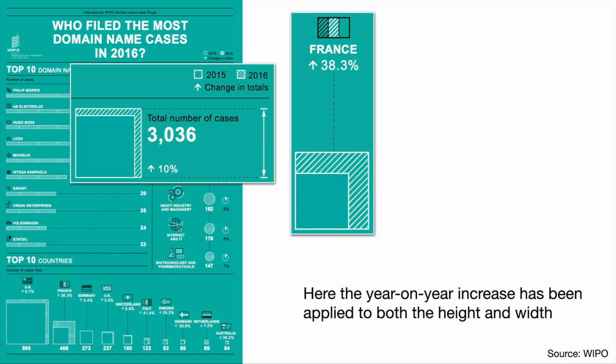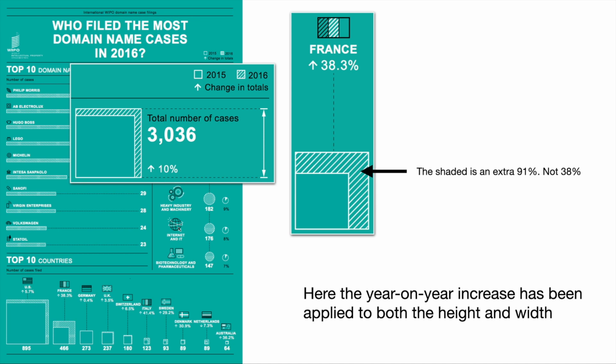But here, the year-on-year increase has been applied to both the height and the width of the squares. And that's very deceptive, because this shaded area here on the French graphic is actually 91% extra over and above the area of the square representing 2015.